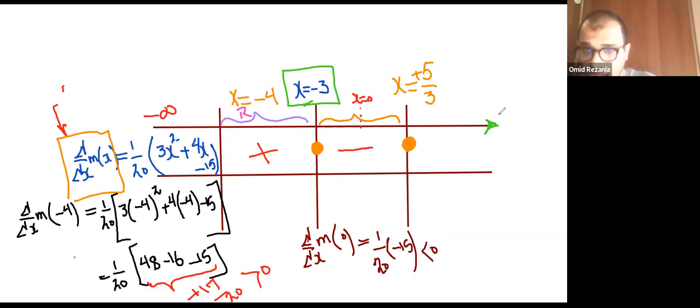Now, I come here. I know that for this interval, which means that x is standing between 5 over 3 to plus infinity, I pick a random number, which is going to be something very easy to calculate. Imagine that I get a random number in that interval, as x equal to, for example, 2.